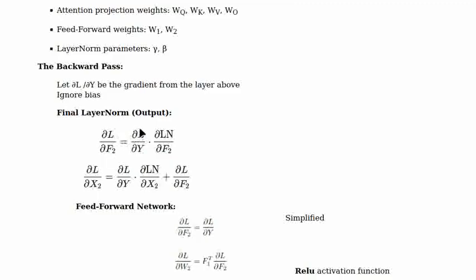Using the chain rule, this is given by dL/dY times dLN/dF2, where LN means the layer norm, and dL/dX2 as the input is dL/dY times dLN/dX2 plus dL/dF2. We'll expand dLN/dX2 below.